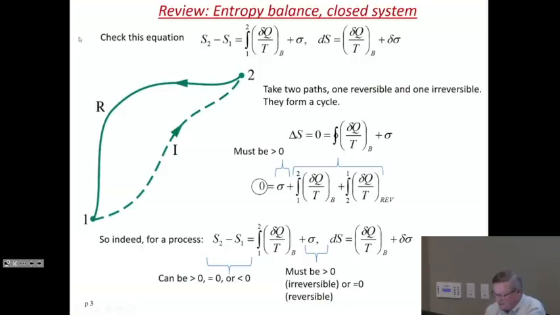Well, that sum has to be 0 because it's an equation of state. So across a cycle, you come back to the same value, the change is 0. That means that if we define this to be the actual S2 minus S1, we get to 0 automatically, but that means that the real entropy change in the process between 1 and 2, which is this, has to contain an additional term, sigma, so that they come out in total to be 0.